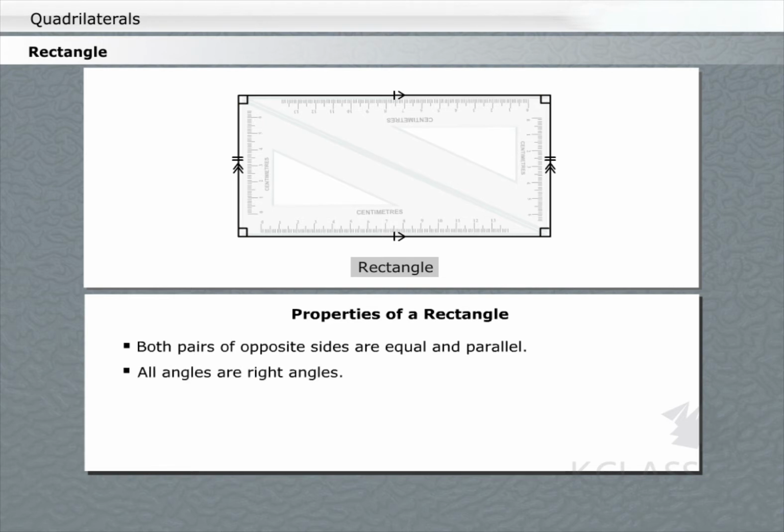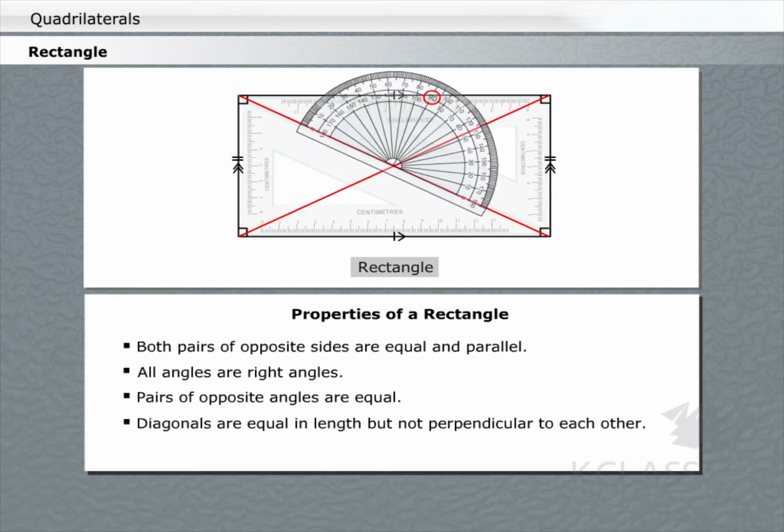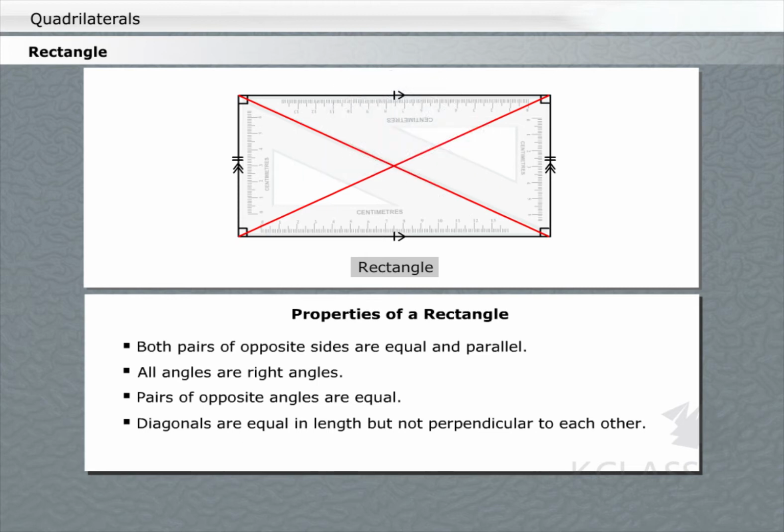All angles measure 90 degrees. That is, all angles are right angles. Pairs of opposite angles are equal. Observe the diagonals of the rectangle. They are equal but not perpendicular to each other. All these properties are true for any rectangle.